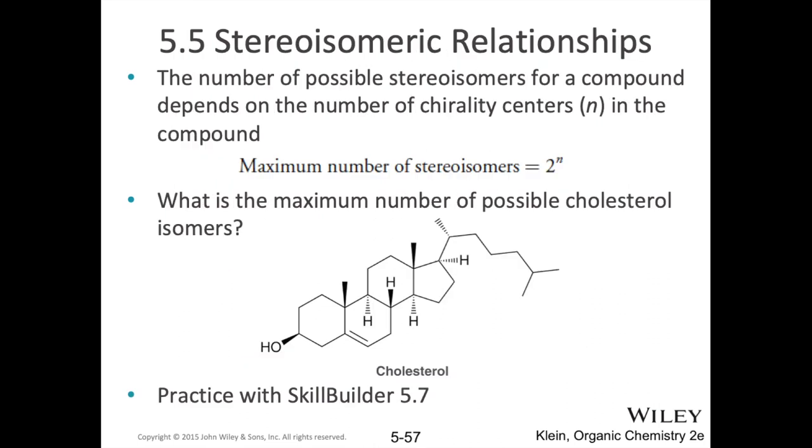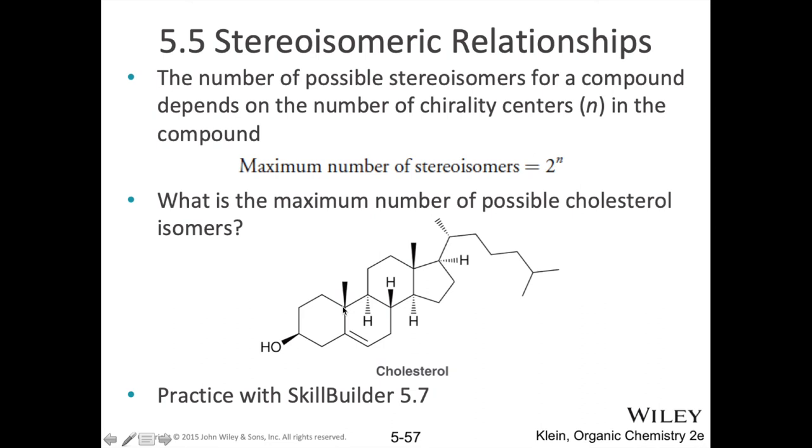If we were to count those out, well, this is a chiral center here. This pathway is different from this pathway. Again, you've got a hydrogen and an OH. That's one chiral center there. This is a chiral center. You've got a methyl group, and then this pathway and this pathway are all different.